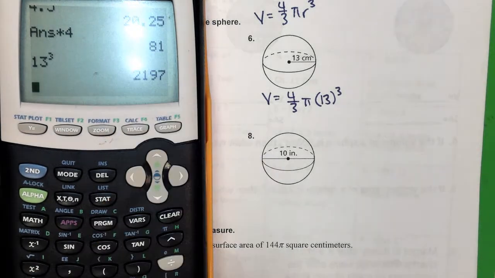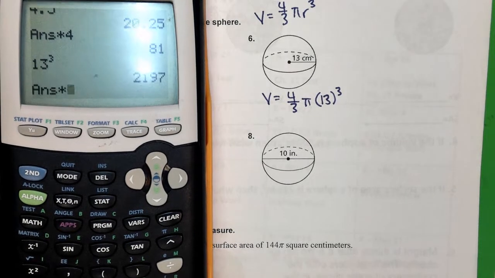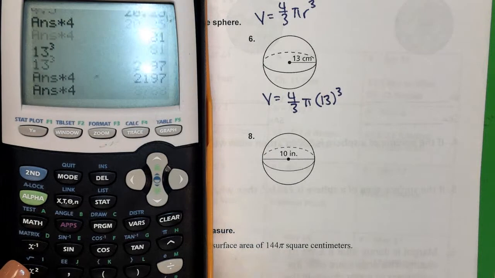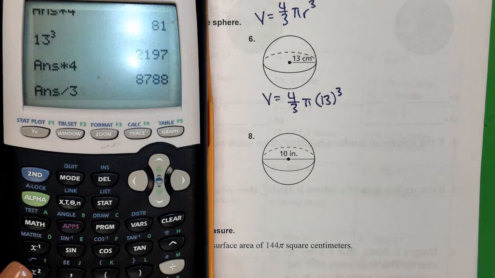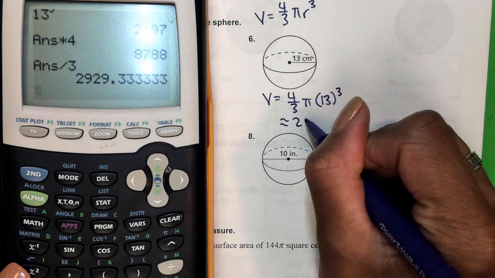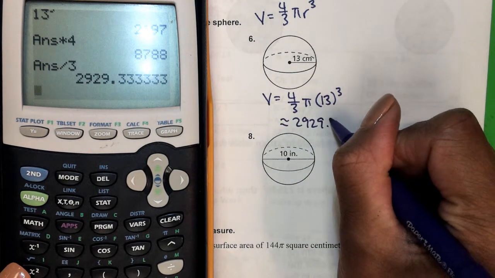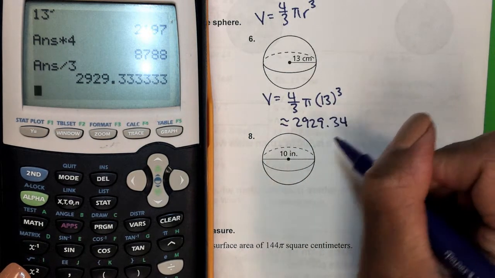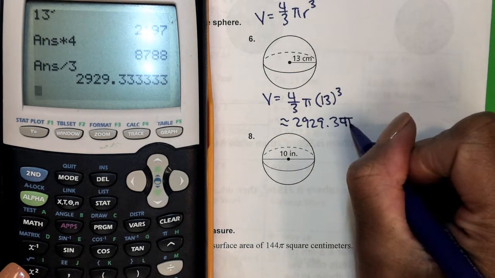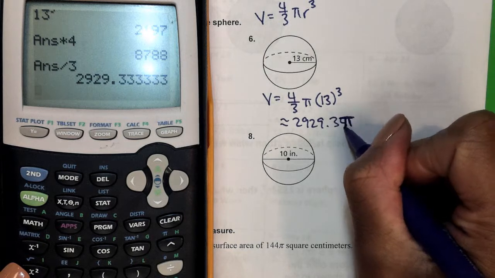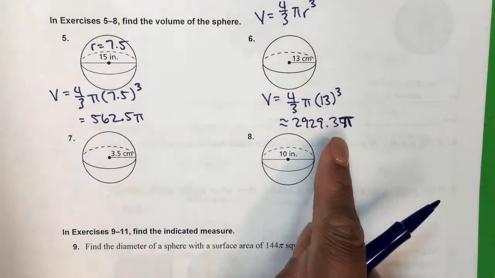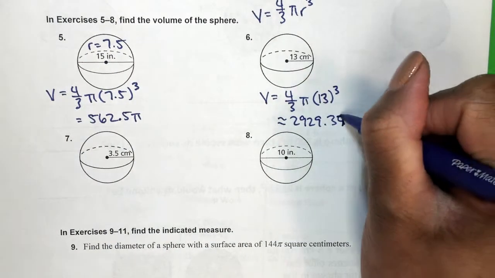So you have this giant number, multiply it by 4, because you want the top, and then you can always divide by 3 at the very end, and you end up with 2,929.3, and we're going to say 4, so we can round, or 0.3 pi. It is 0.3 repeating, you can just leave it as 0.3 pi.